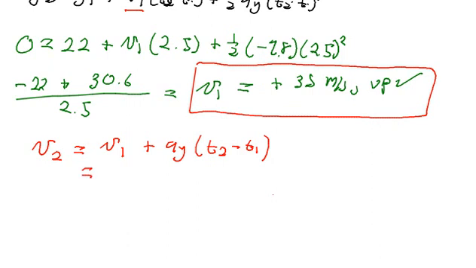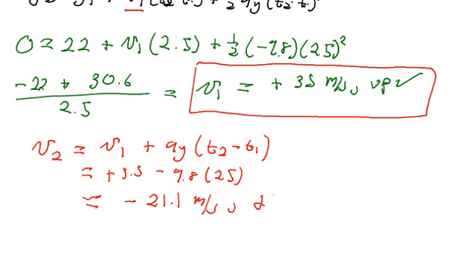So we have positive 3.5 minus 9.8 times 2.5 seconds. And we get our trusty calculator out, and that turns out to be equal to negative 21.1 meters per second.